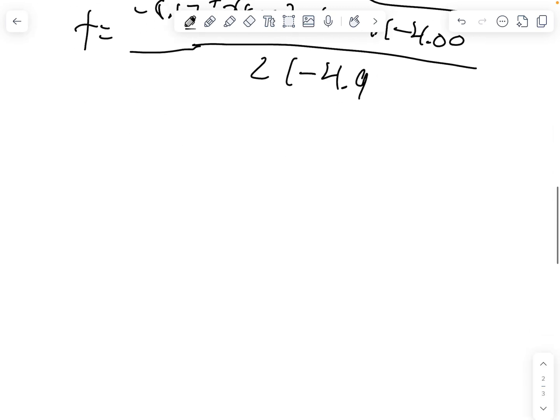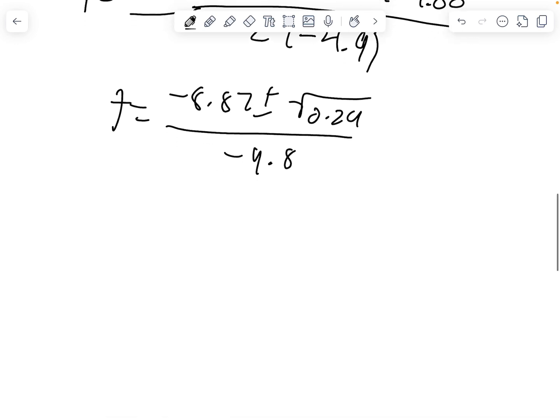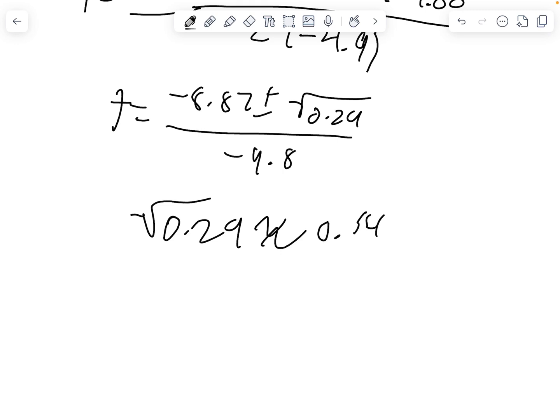With that, you just do the math up there. That would be negative 8.87 plus or minus the square root of 0.29 over negative 9.8. Pretty much that approximates into 0.54.